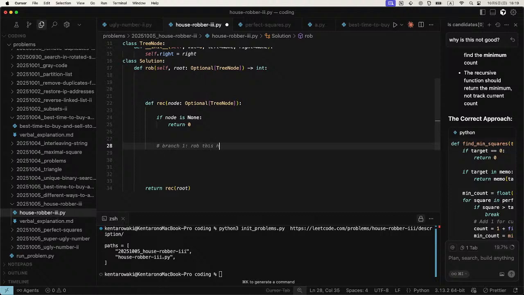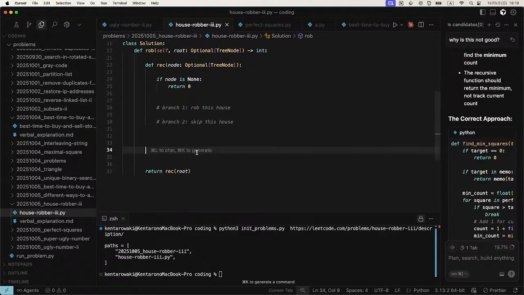Rob this house. There are 2 branches. Skip this house. Okay.